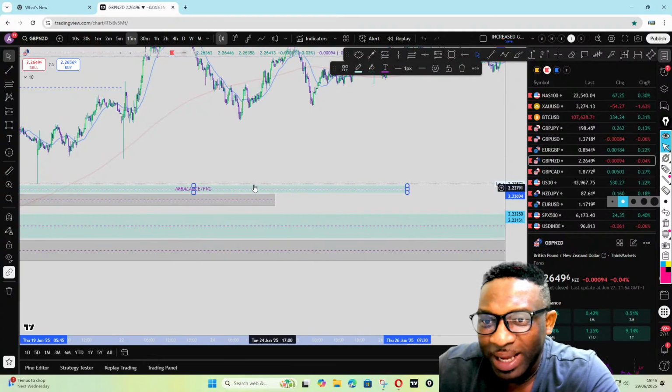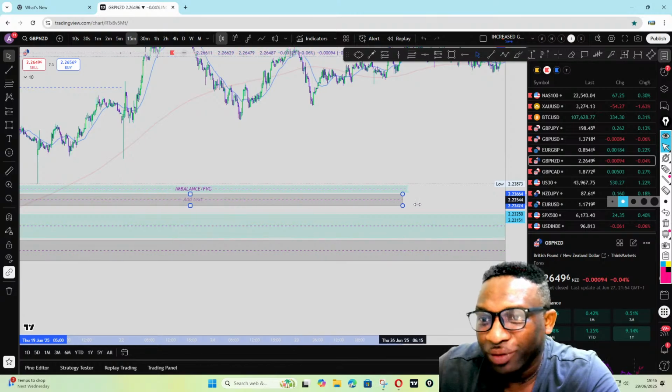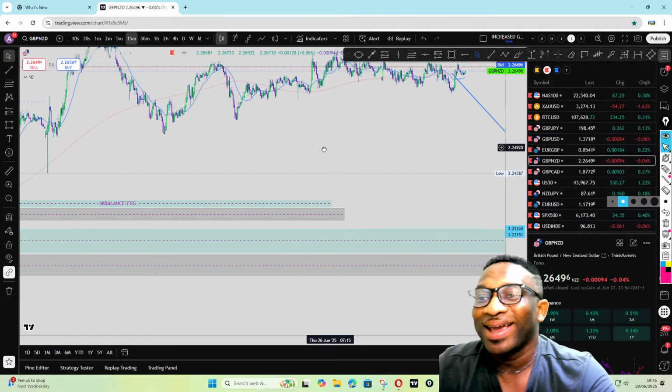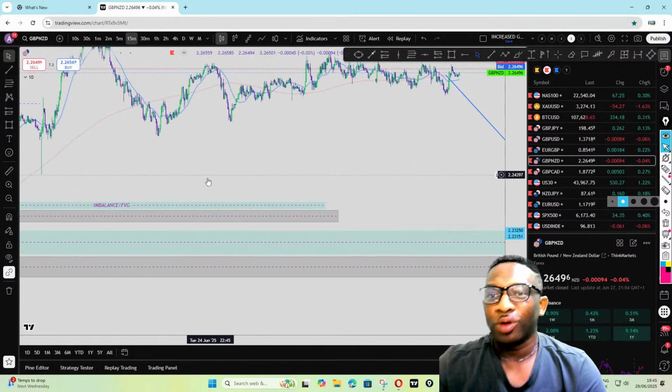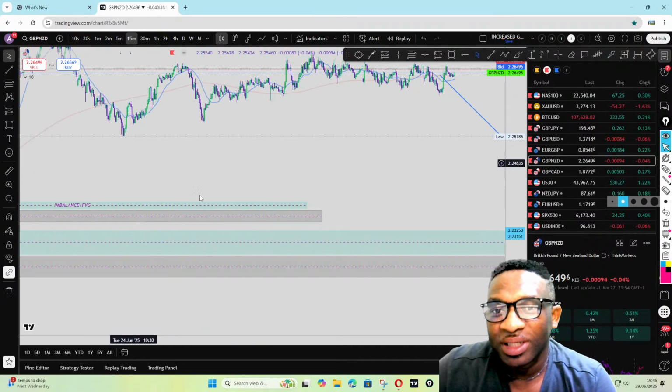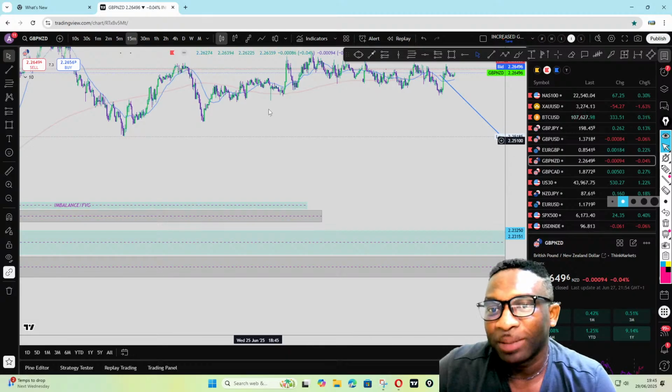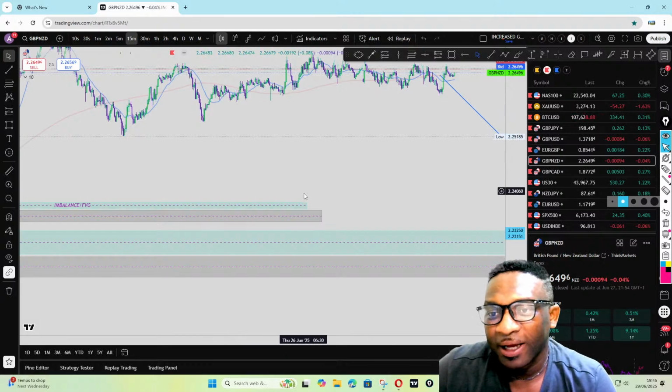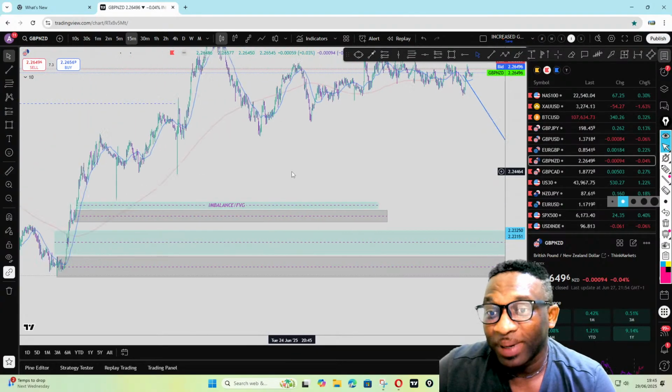This is where we plan to take our trade. So what we are doing here is planning our trade, not that we just take our trade anyhow. As we see a green candle, we take a buy. As we see a purple candle, we take a sell. No, we plan our trades.